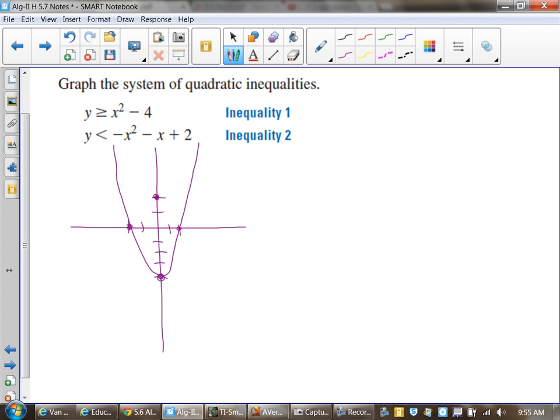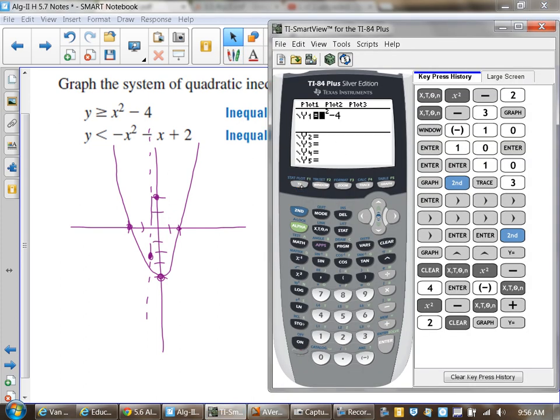My axis of symmetry is the opposite of b over 2a, so it's 1 divided by 2 times -1, so -1/2 is my axis of symmetry on that one, which means my vertex is at -1/2 and something. Was it -2 1/4? Yeah, that's fine. I'll use the calculator to get my points.